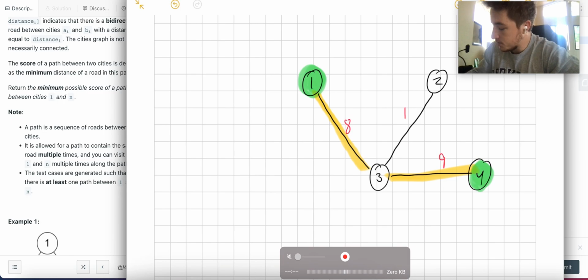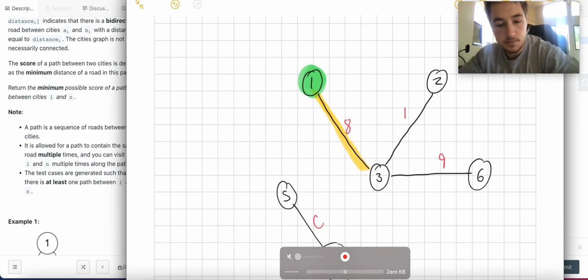So let's call this 6. Imagine that 6 was the last node, and then you had a different set of connected components, 5 and 4 here, and this had cost 0 associated with it.